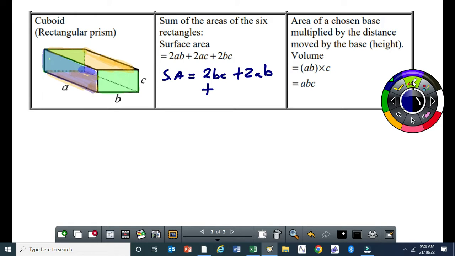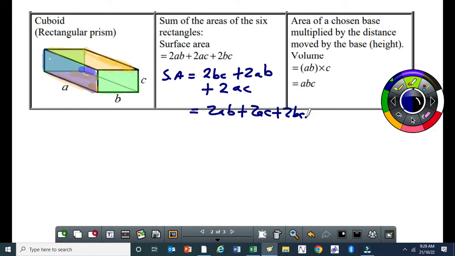A is the length and C will be the breadth. If you want to rearrange it, you can. So it will be 2AB plus 2AC plus 2BC. Does the order matter when you add it? No, the order is not important.